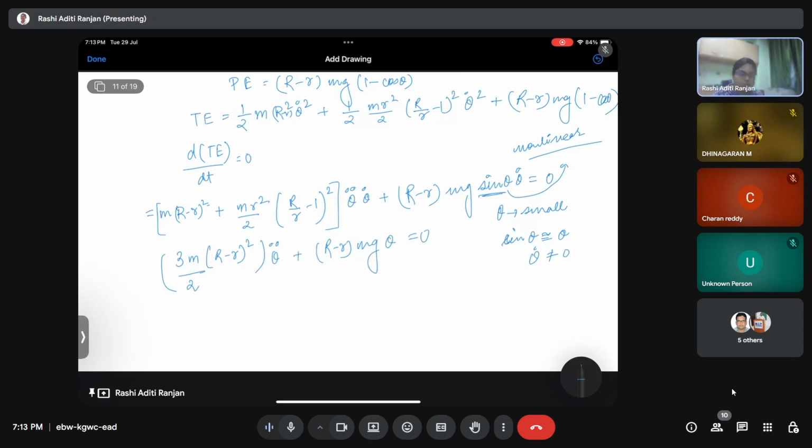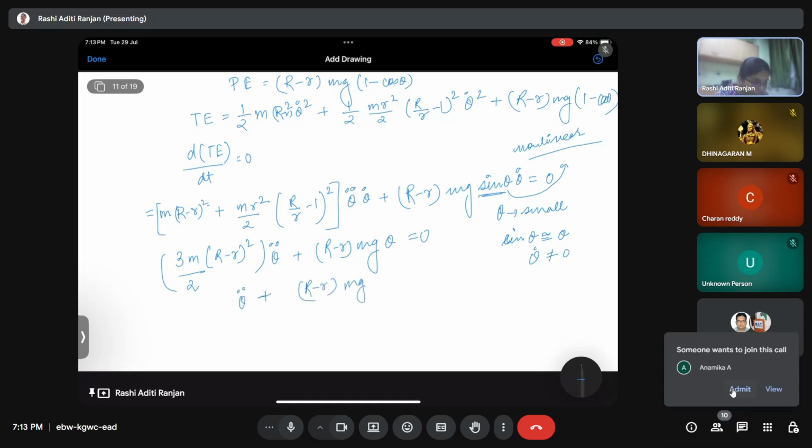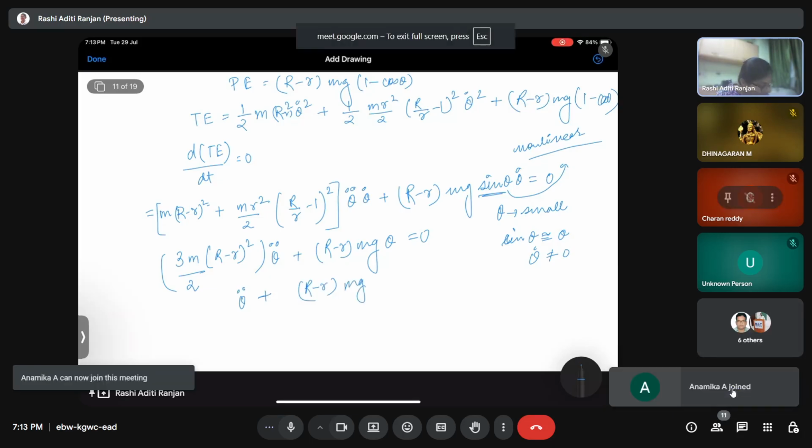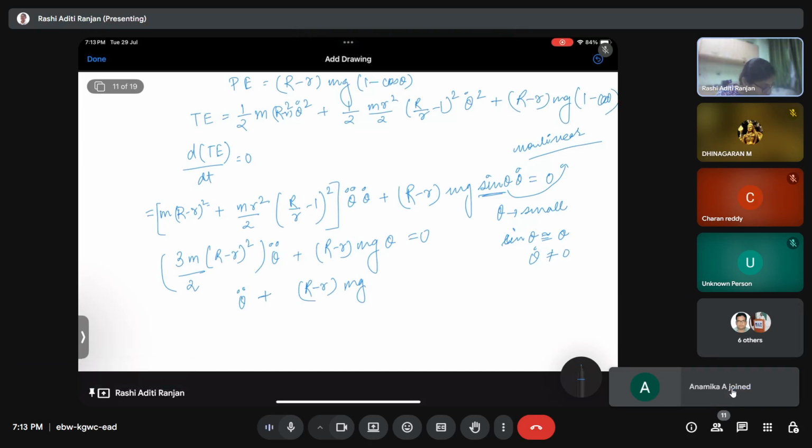Now we can again relate it, plus (capital R minus small r) mg divided by 2 by 3 m (capital R minus small r) whole square, theta is equal to 0. M will get cancelled.